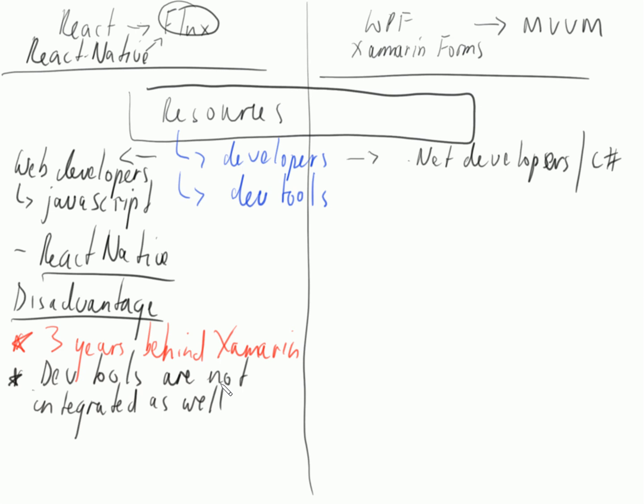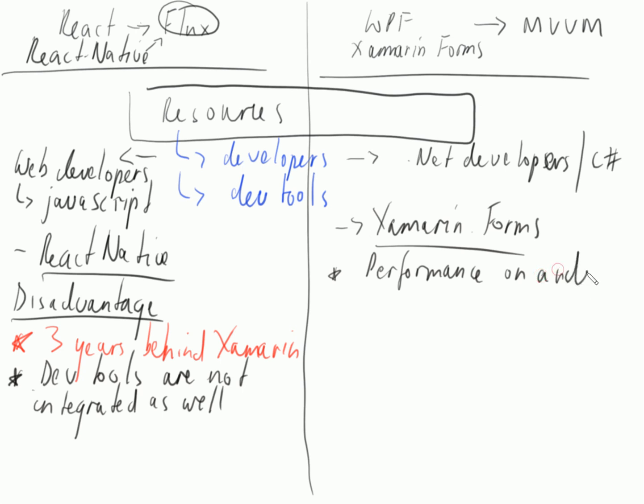But then we also have disadvantages with Xamarin Forms, and I think to me the biggest disadvantage with it is performance on Android. And one of the most confusing topics with building apps with Xamarin is you have two approaches.